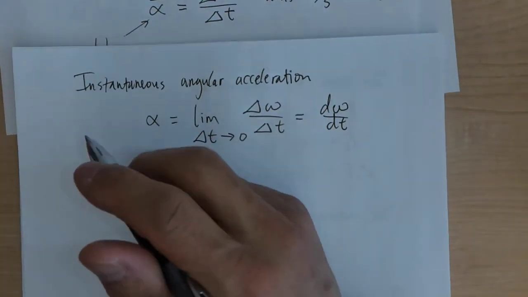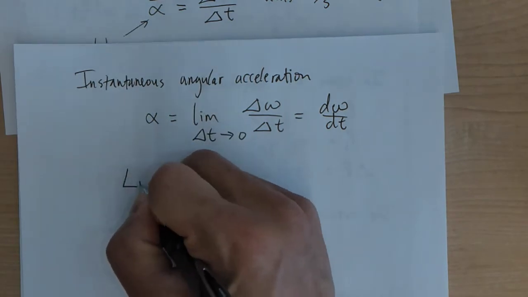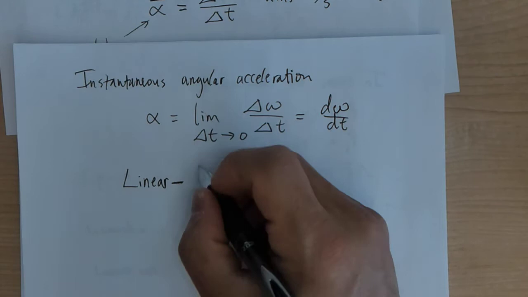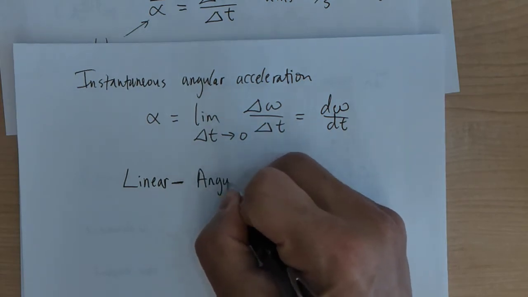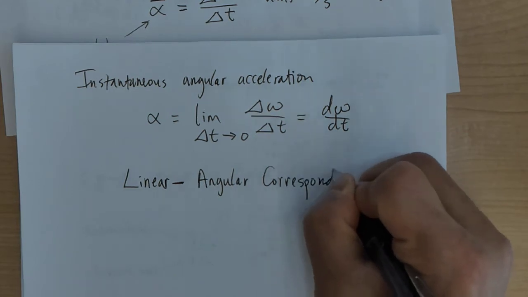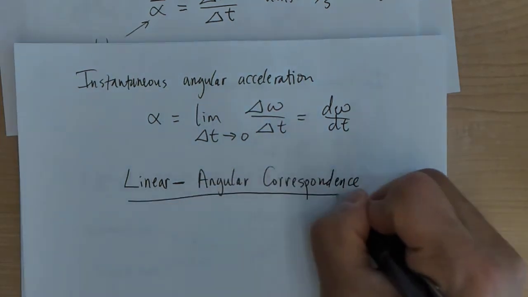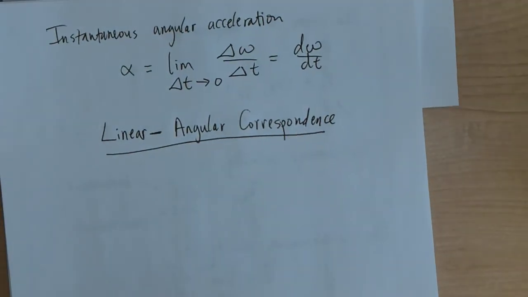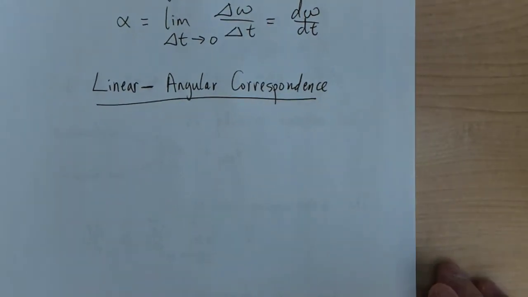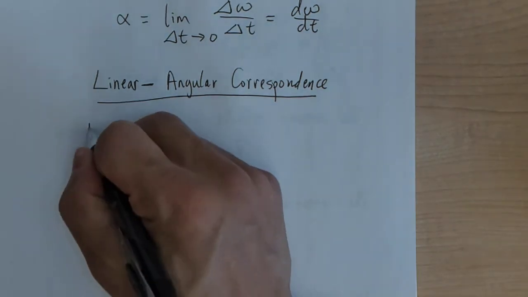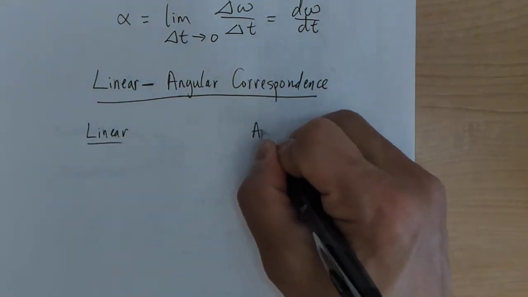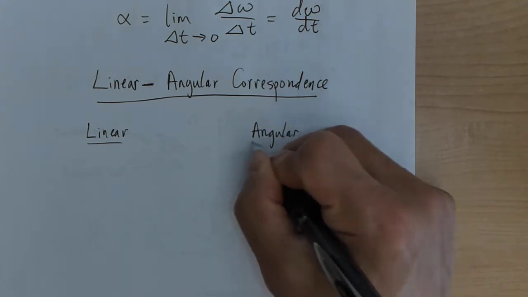Now, to keep track of all of these things we just said, I like to think about a linear to angular correspondence. This is just to help keep things straight in your mind: what we did before, compared to the new stuff we're doing with rotational motion. So we have linear or straight line stuff over here, and the angular new stuff over here.